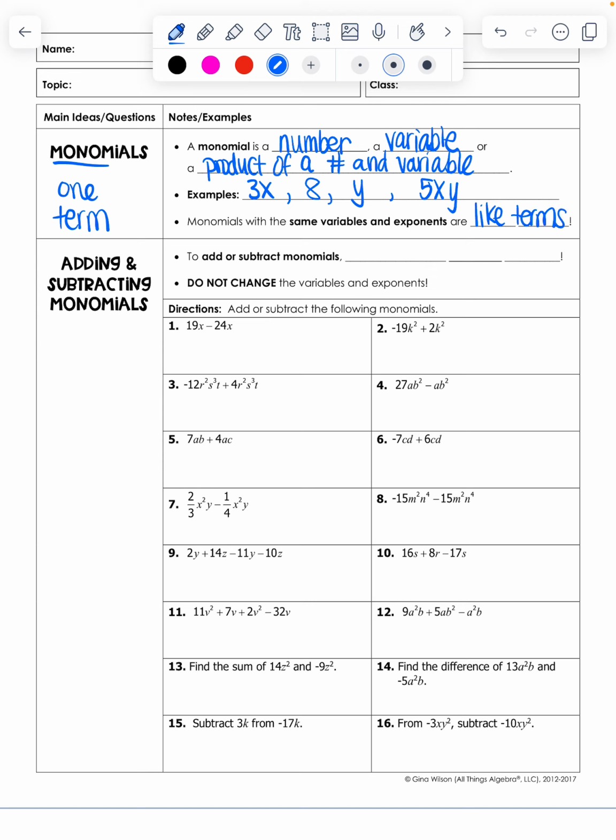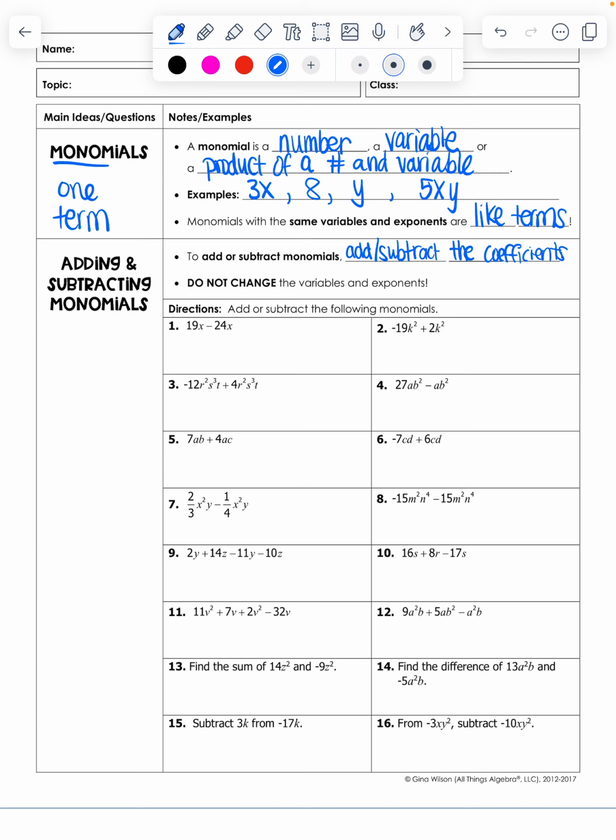What we do is we can add or subtract the monomials if they are like terms by either adding or subtracting the number in the front but not changing the variables or exponents. So we add or subtract the coefficients.